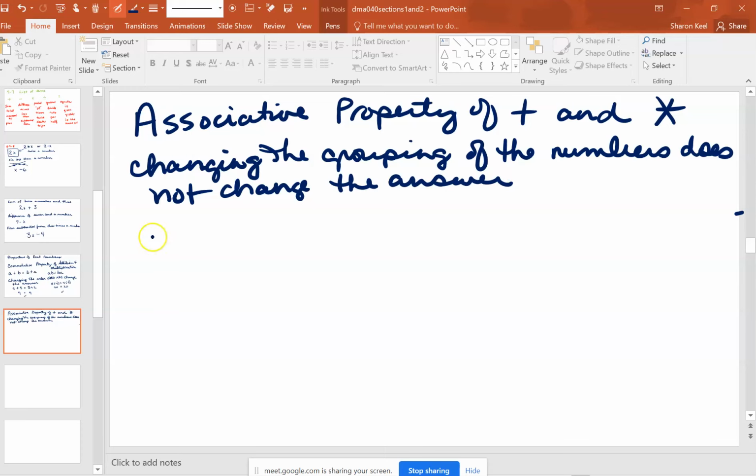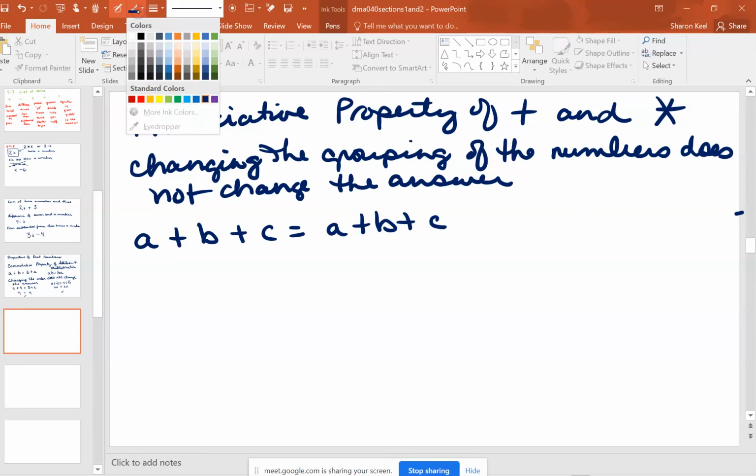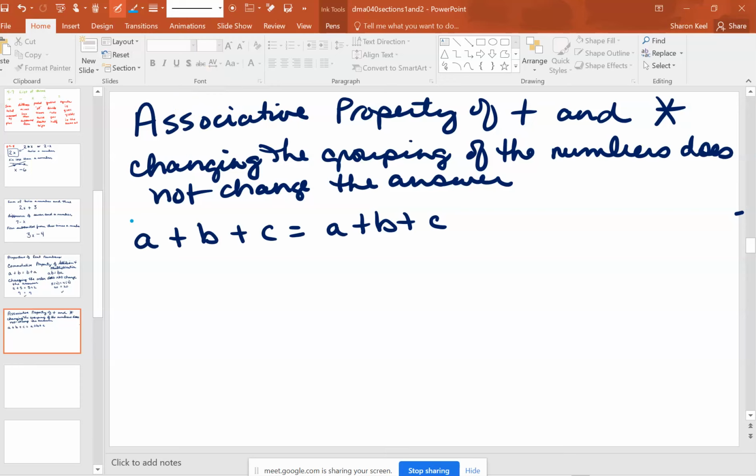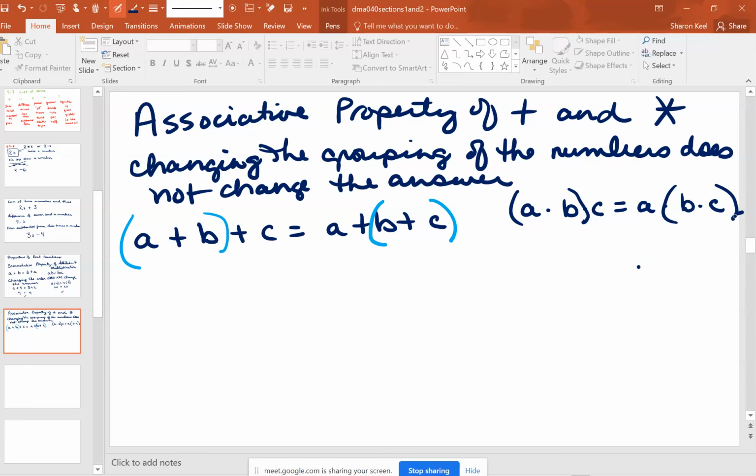An example of that would be if we have A plus B plus C. Let me write it 2 times here. Associative, when we associate things, we group them. So if I were to group A and B, I'm still going to get the same answer as if I had grouped B and C. The same thing applies for multiplication. If you have A times B times C and A times B times C, we could group the first two, or we could group the last two.